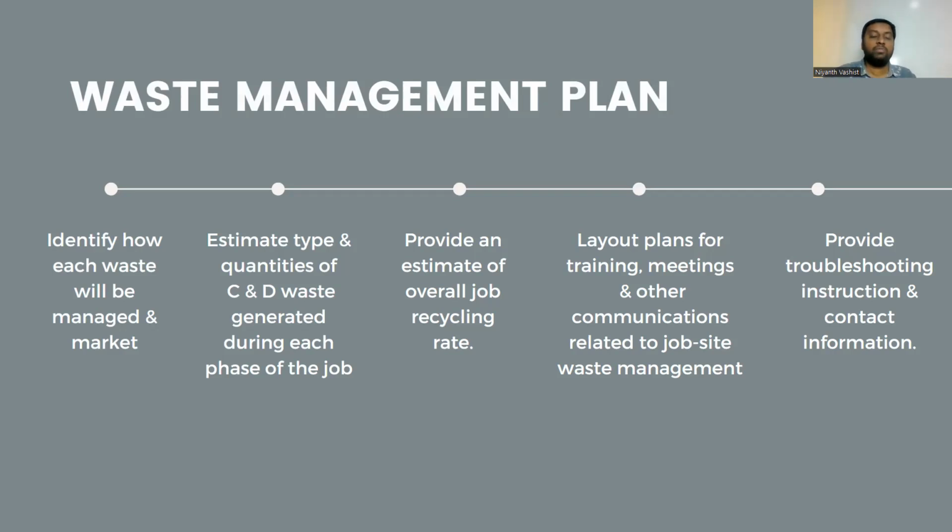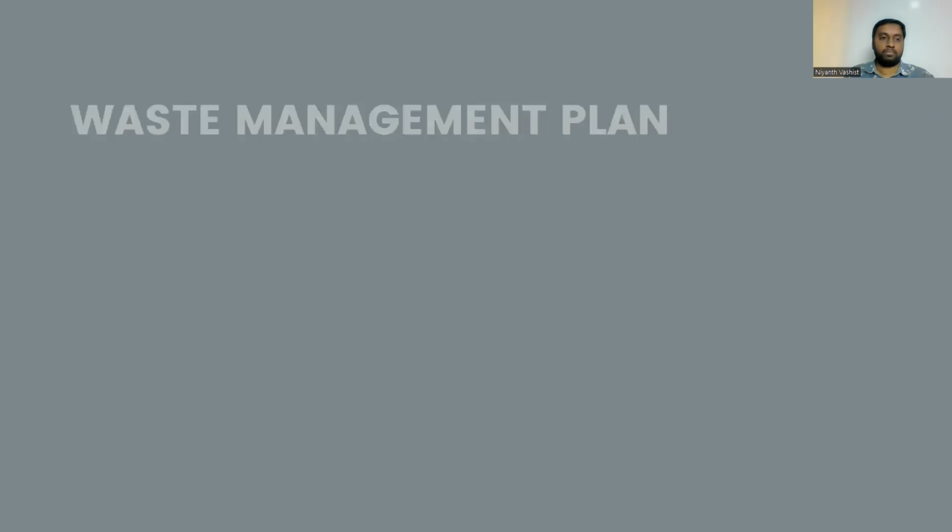Second, a waste management team has to be provided where they can have a contact. Once we have a demolition, we know the waste, the quantity of the waste and the cost of the waste. We need to contact the right people to get the right amount back in terms of cost as well as in terms of the waste getting back to disposal. That will be provided in terms of instruction and contact information.